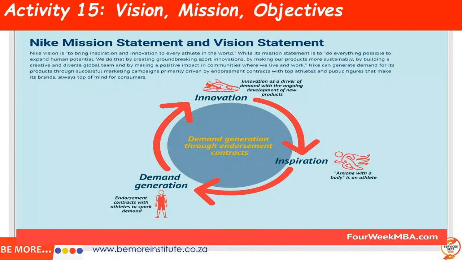So one of the things is that they do that by creating groundbreaking sport innovations, by making our products more sustainable, by building a creative and diverse global team, and by making a positive impact in the community. Look at what Naomi did.